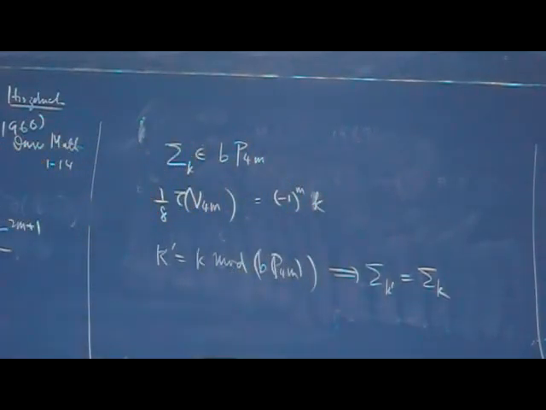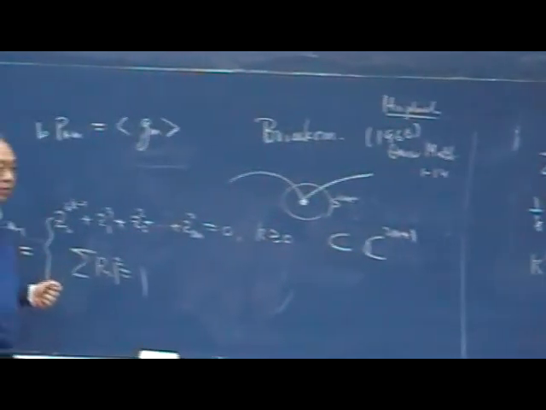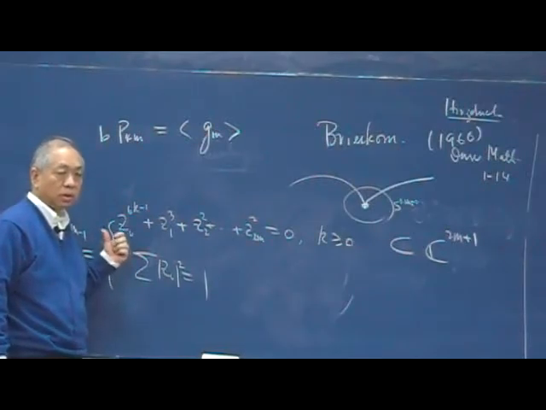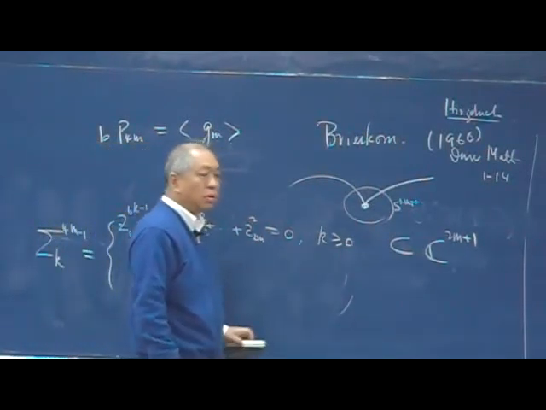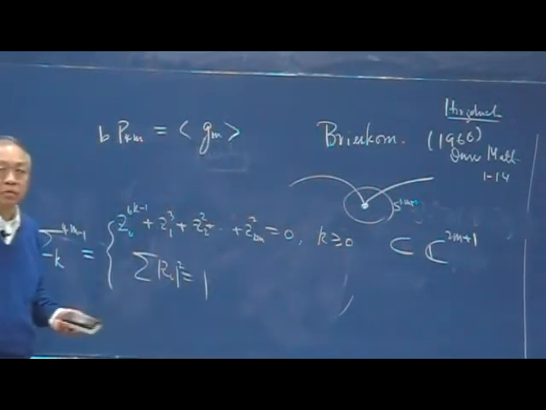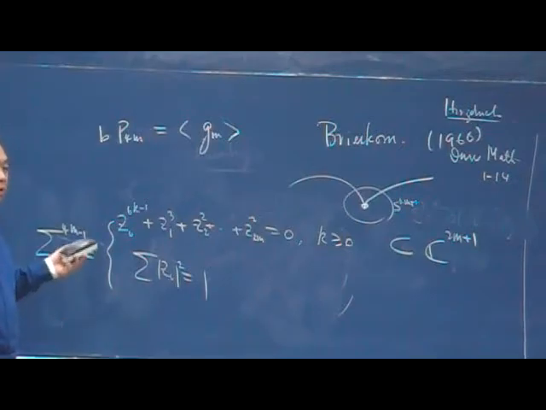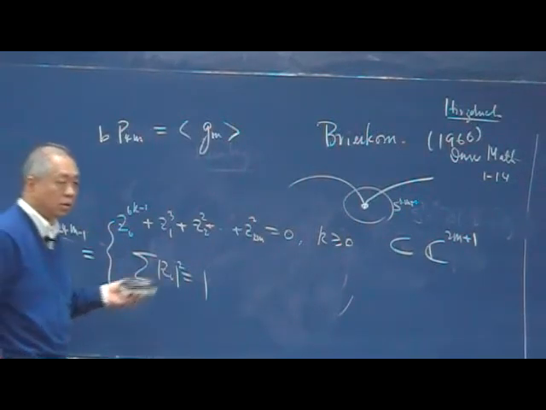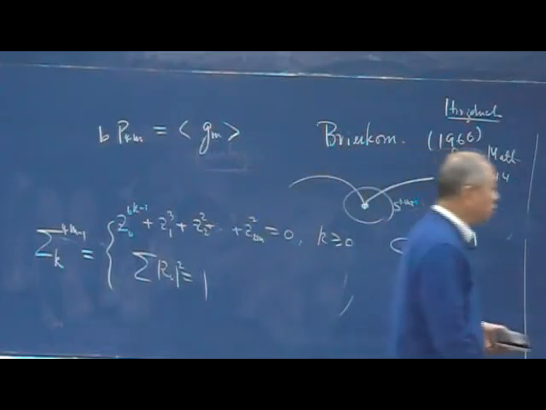So in other words, this number k mod BP4M determines the manifold. That's why all the manifolds which are parallelizable can be completely described by this construction.